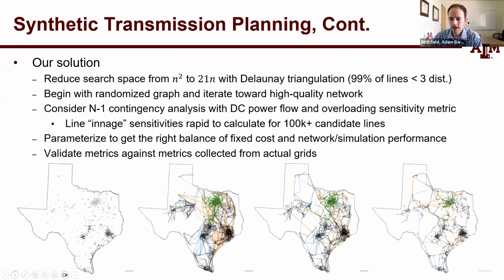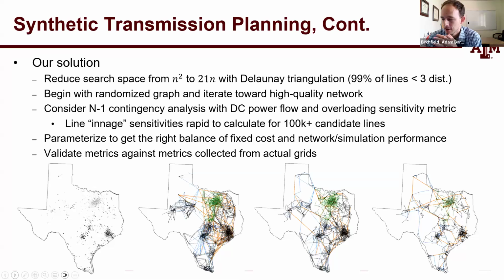Okay, so what does our solution look like? I show there on the bottom kind of just a conceptual idea of how we start. First of all, I mentioned those n squared possible lines. We use the Delaunay triangulation, which is a computational geometry technique, as a nearest neighbor proxy.